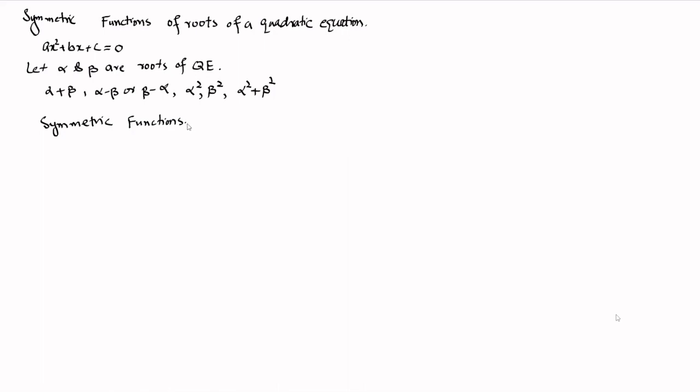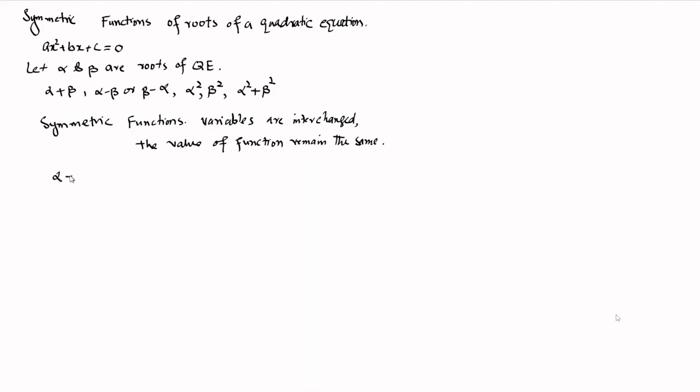So a symmetric function is a function in which if the variables are interchanged, the value of the function remains the same, then that function will be called a symmetric function.